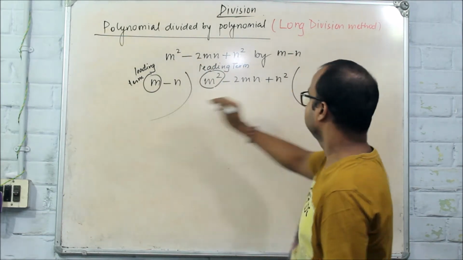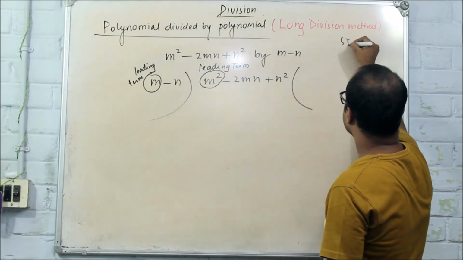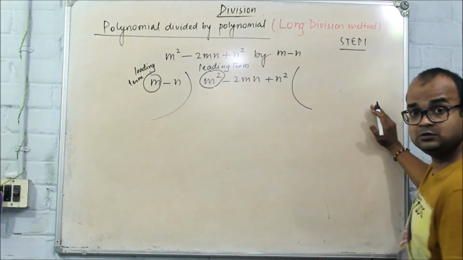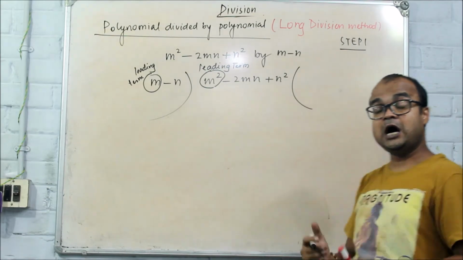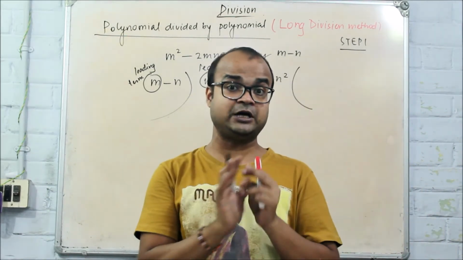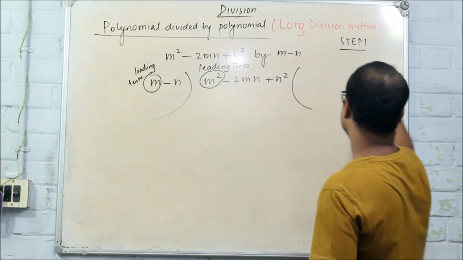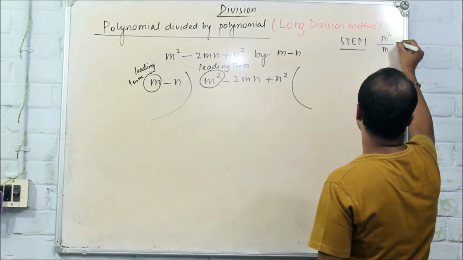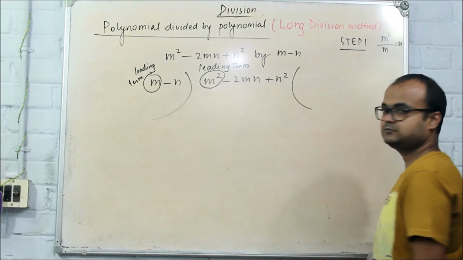Now step 1 is m square by n. This step you need to follow till you are habitual of the entire process. Once you are habitual, you are practiced enough, no need to write. So m square by n is equal to m.